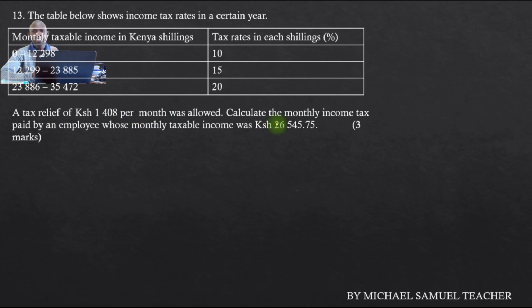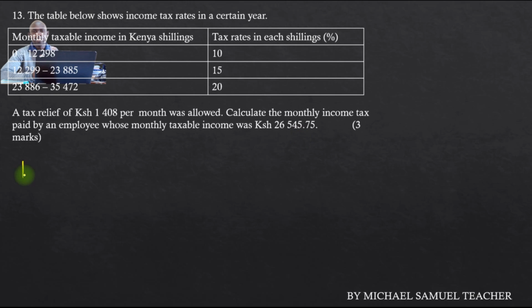Calculate the monthly income tax paid by an employee whose monthly taxable income was 26,545 shillings and 75 cents. That is 3 marks. So we need to see the first slab, actually, because the taxable income was 26,545 and 75 cents.